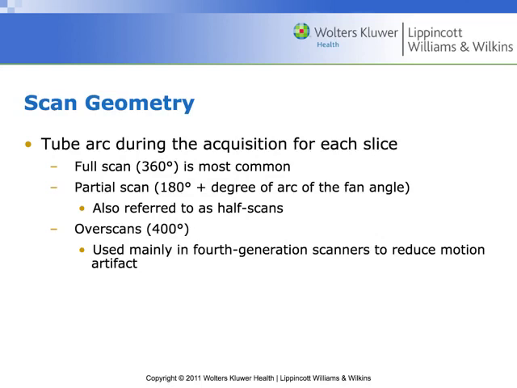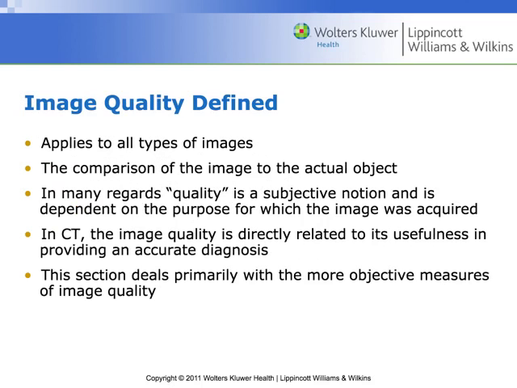There are some scanners that will do like 400 degrees, an overscan, basically, of the anatomy for each table movement. But primarily what we're dealing with when we talk about scan geometry is this guy right up here, the full scan, 360 degrees for each table movement.